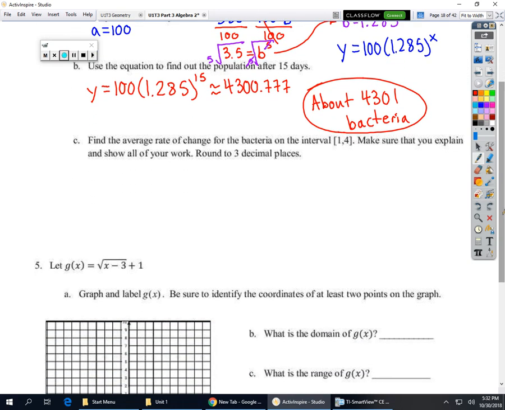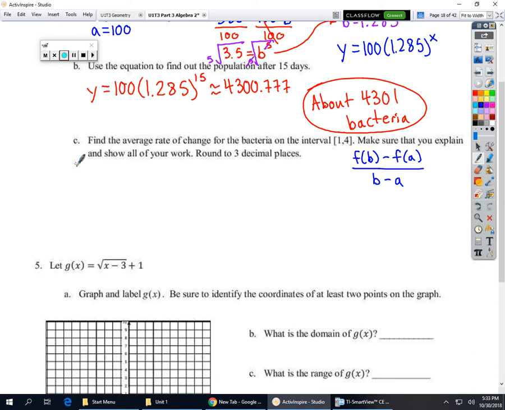All right. Now we've got to find the average rate of change for the bacteria on the interval 1, 4. So there's the average rate of change formula, which is f of b minus f of a over b minus a. For that, we may want to rewrite this equation with f just to make it a little bit nicer.